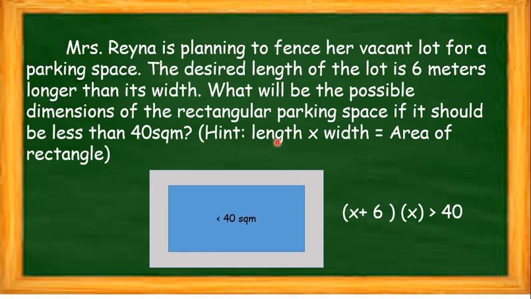Hint: length times width is equal to the area of a rectangle. I already formulated a representation for length and width. All you have to do is solve for the critical points and the possible solutions to fence the rectangular lot of Mrs. Reina. You are going to answer that for your learning task.